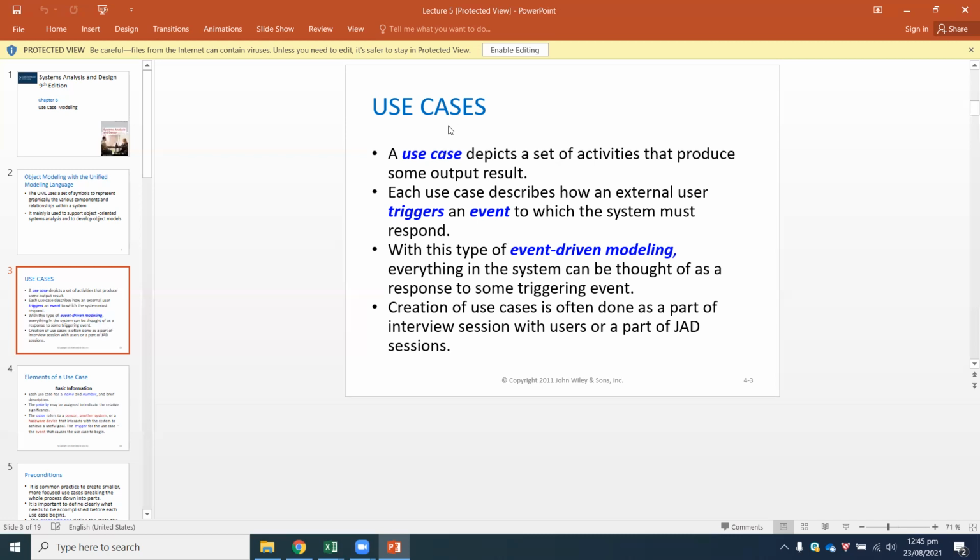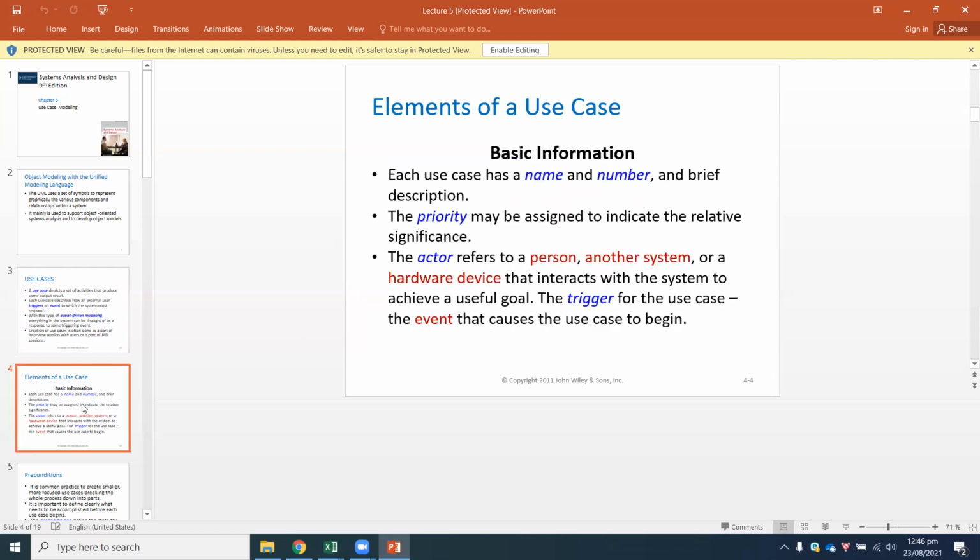So how do you do it? You do it through the use of use case diagrams. Moreover, you need to know that the major purpose of a use case is that it describes how users actually interact with the system. That's the main purpose behind use case.